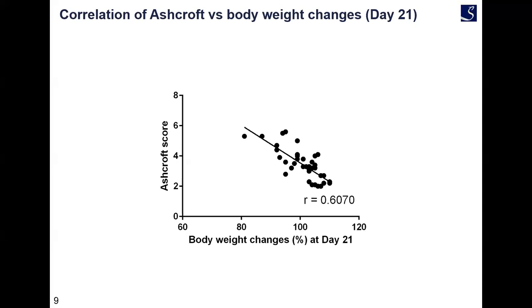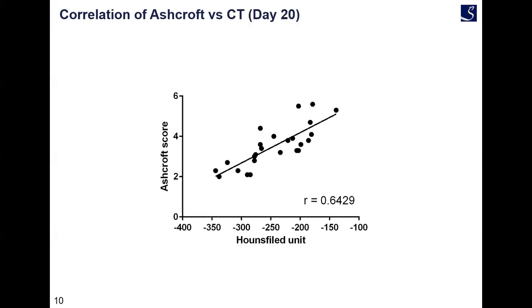Next, we are going to see if Ashcroft score is correlated to other parameters. This shows that the more body weight decreases in mice, the more severe the Ashcroft scores are in fibrosis phase in this model. The decrease in body weight and increasing of Ashcroft score has close correlation. At SMC Laboratories, we offer CT scanning in our IPF model for observation of fibrotic regions, usually on day 14 and day 21.